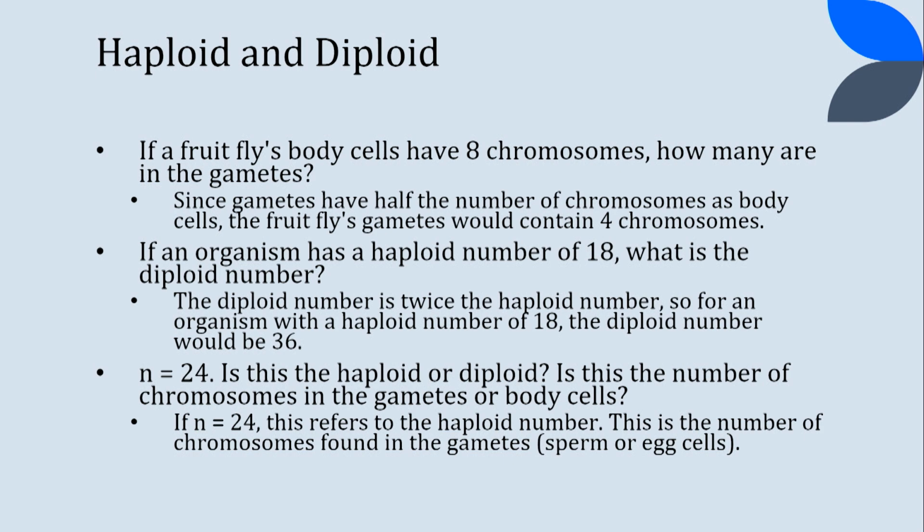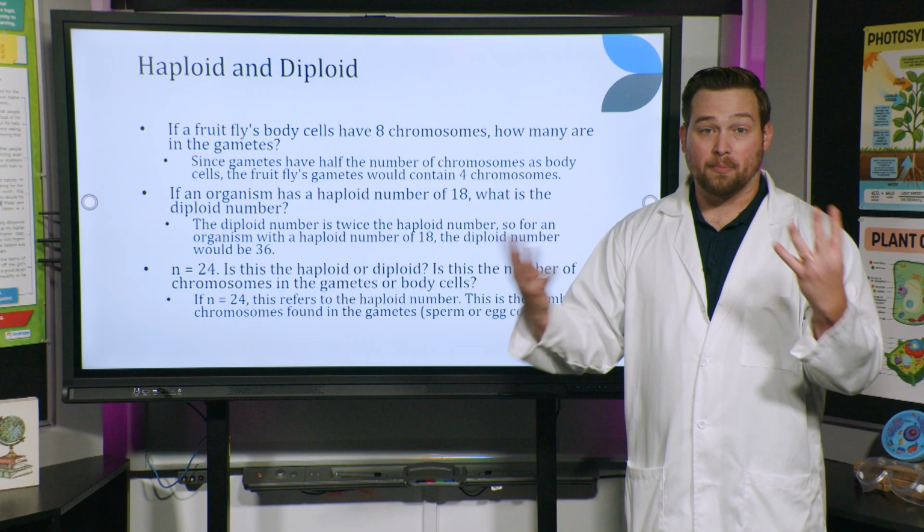So I want you to imagine this for me, okay? A fruit fly: the body cells, the somatic cells, for fruit flies have 8 chromosomes. So how many are in the gametes of the fruit fly? Well, since the gametes have half the number of chromosomes as body cells, the fruit fly's gametes would contain 4 chromosomes. So when the male and the female get together, they each contribute 4 chromosomes, right?